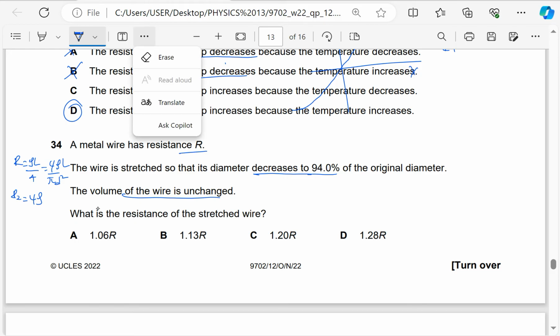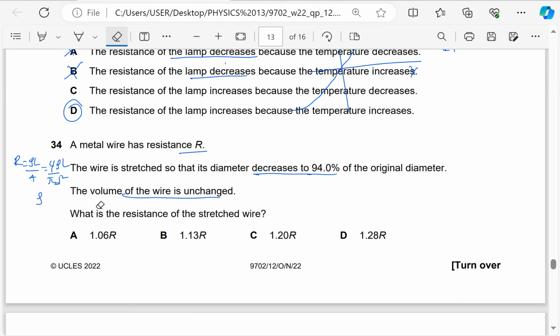So let me first use the volume to find the length. Remember, the volume has been unchanged. That means V1 is the same as V2, and let it just be equal to V. But what is V1?